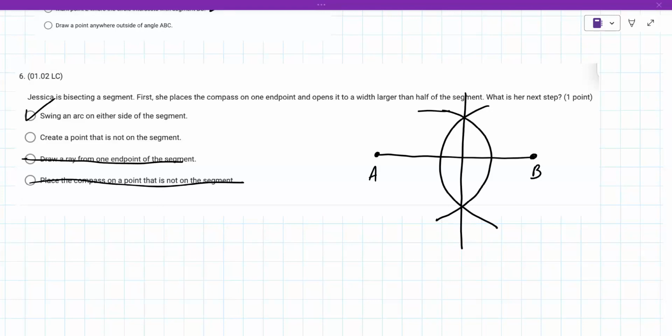I wish it didn't notify me when they're delivered. It's one of the disadvantages of this. Okay. Number 7.